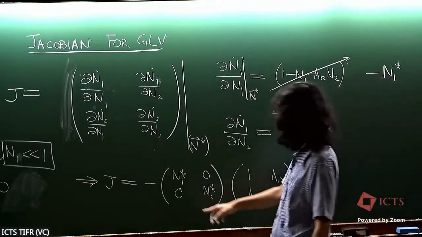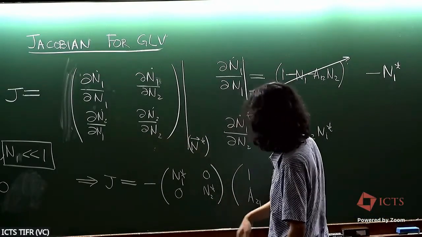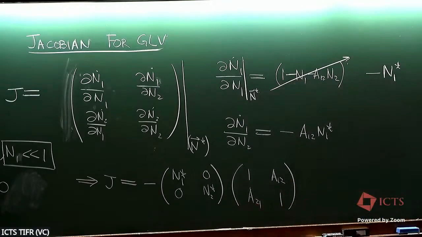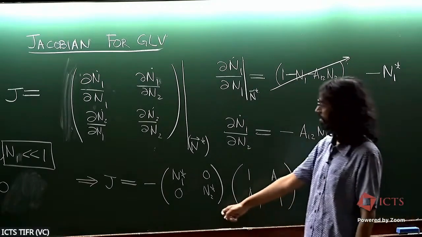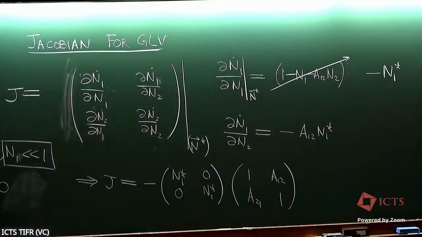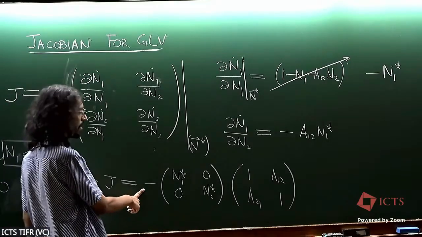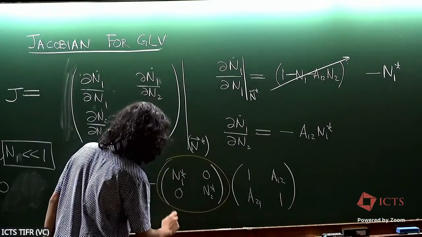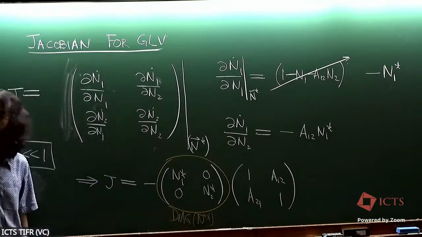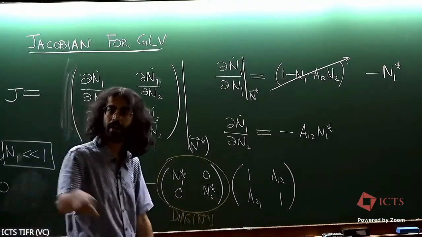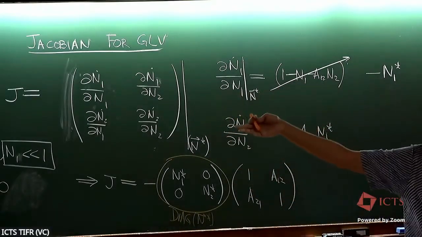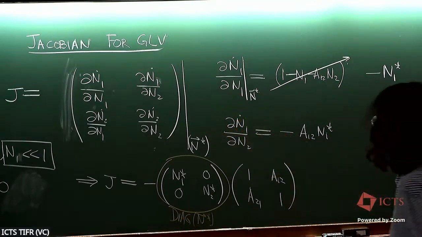You can also see this, the row over here will be minus a21 n2 star and minus n2 star. And I've factorized the Jacobian this way because it really has this nice factorizable bit, right? So it's really the negative of this first matrix, which is just a diagonal matrix which contains your fixed point: you put on all the diagonals n1 star, n2 star, n3 star, and so on and so forth. Nothing will change if you were to do this now for S species. You can also verify that as homework.